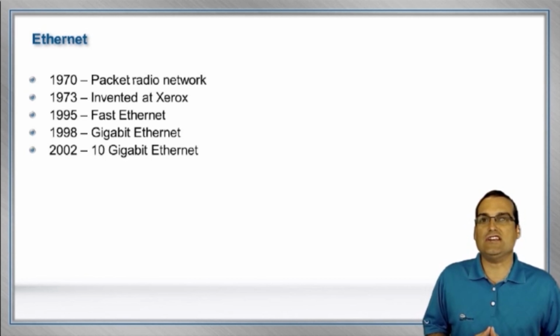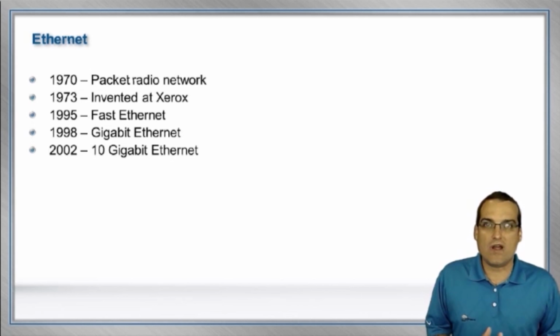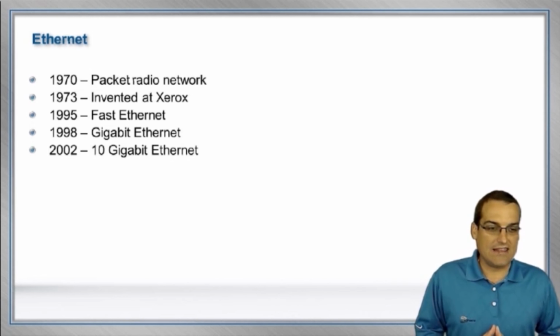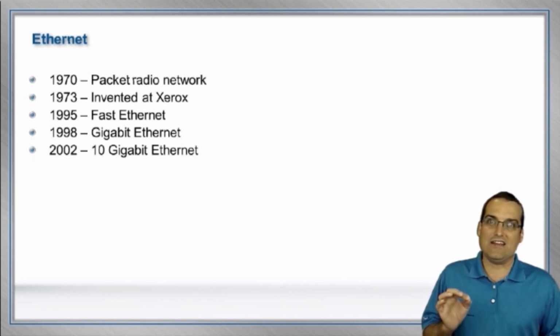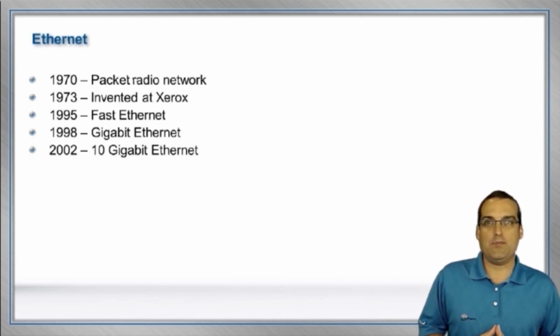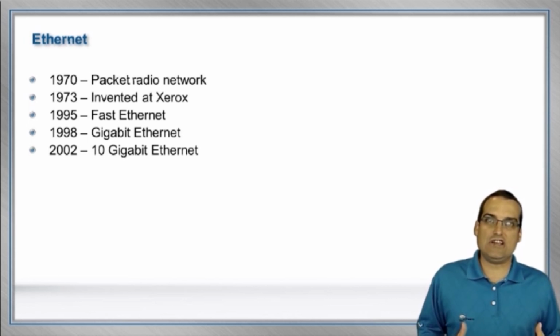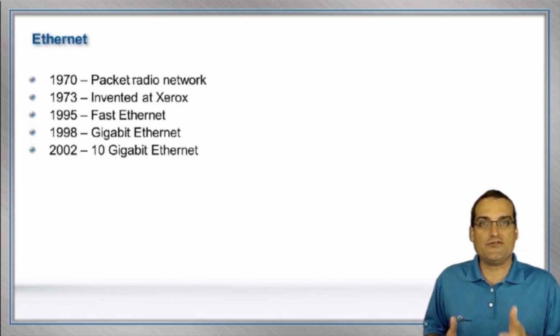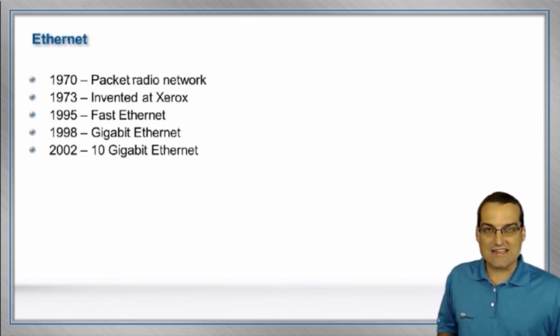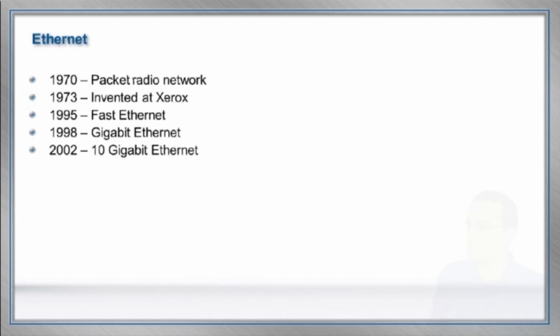And then in 2002, another revolutionary enhancement, and that was 10 gigabit per second Ethernet capabilities. So this is a mature technology that just gets faster and faster as time progresses.